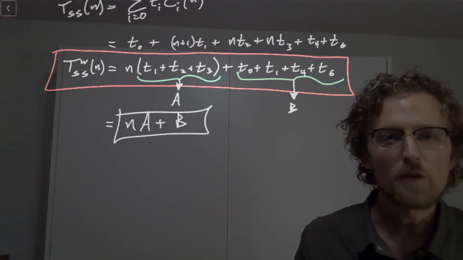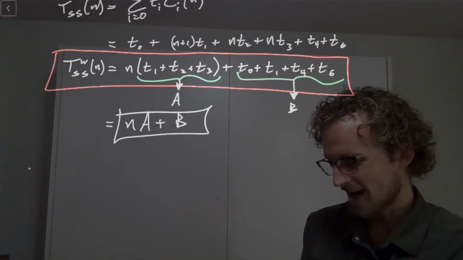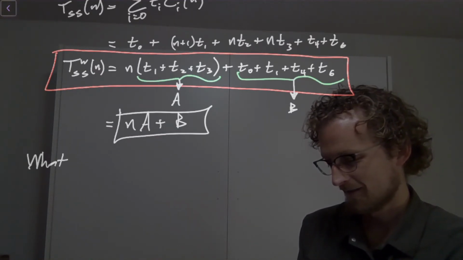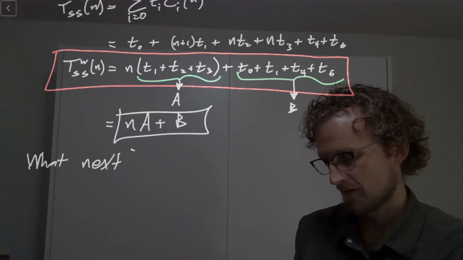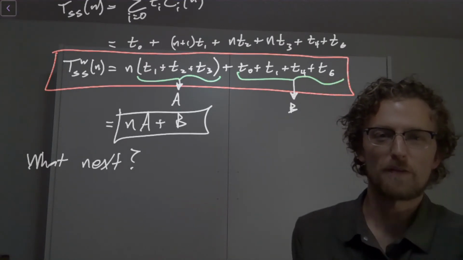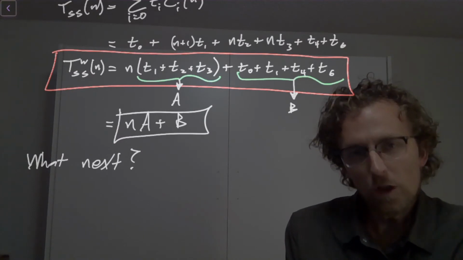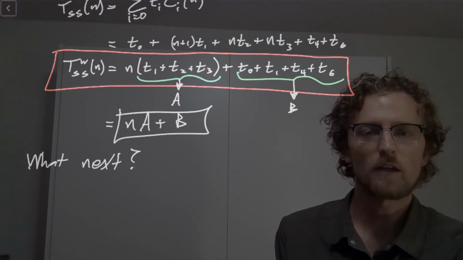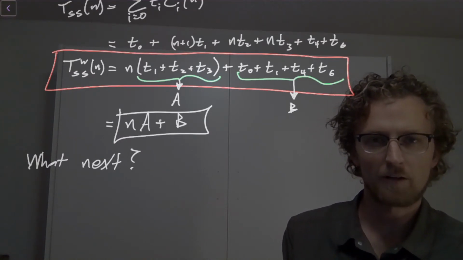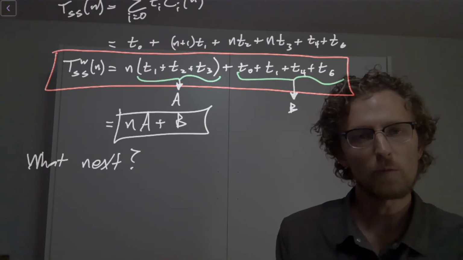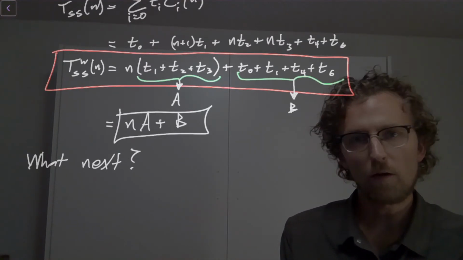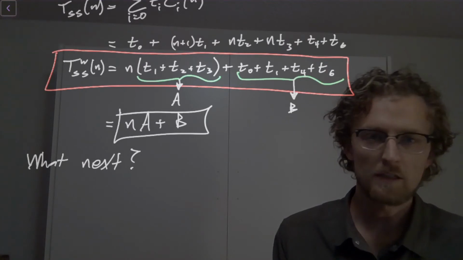So there's our expression. Now what do we do with this expression? What's useful about this expression? Well, if I was really interested in the very detailed answer, I could go into my computer system and figure out all of these T1 through T6.